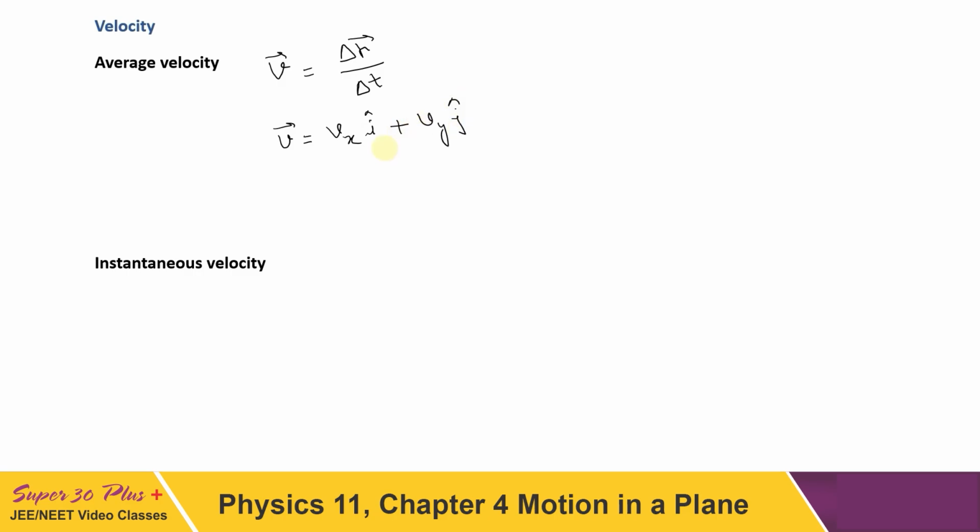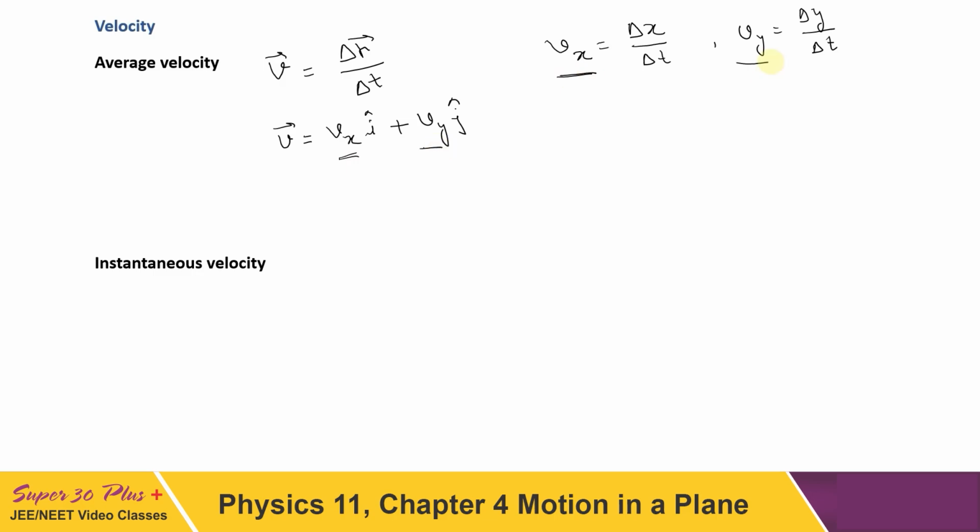Vx is the x component of velocity and Vy is the y component of velocity. Individually these can be written as Vx equals delta x upon delta t and Vy equals delta y upon delta t. Here one interesting question comes, whether these components are scalar or vector.